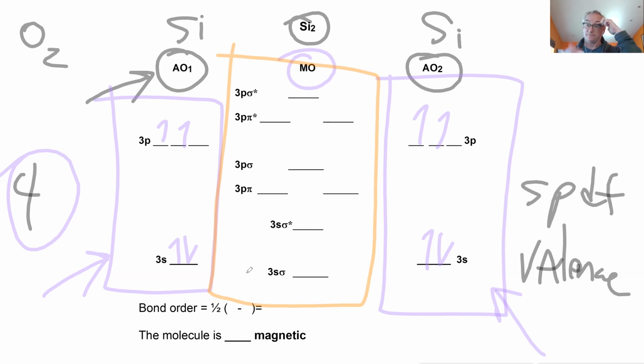And remember, sigma is the lowest. Sigma is the most stable bond. So bonding for sigma is the very first one. And how many electrons do we put in there? 2. 1, 2. All right, I've got 6 left. Where do the next 2 go?